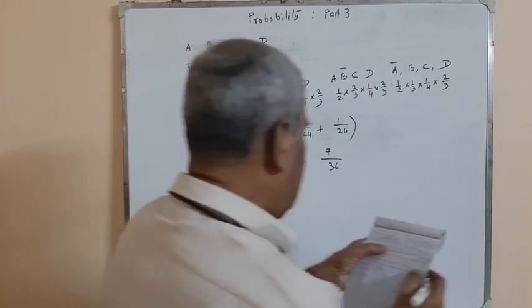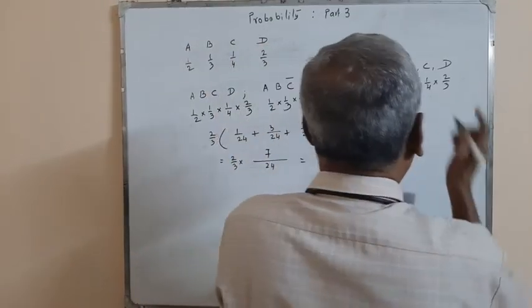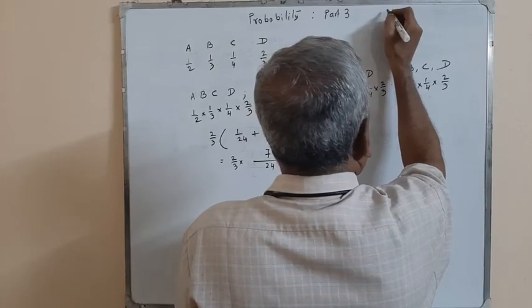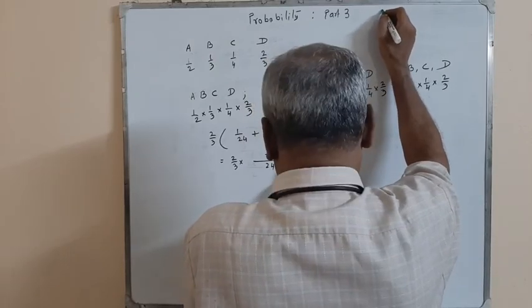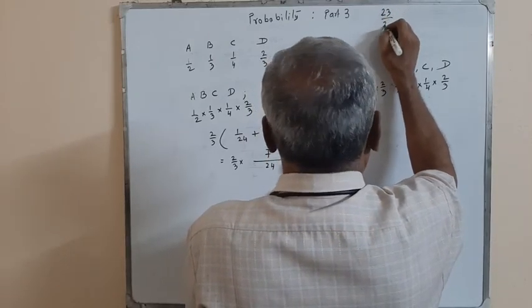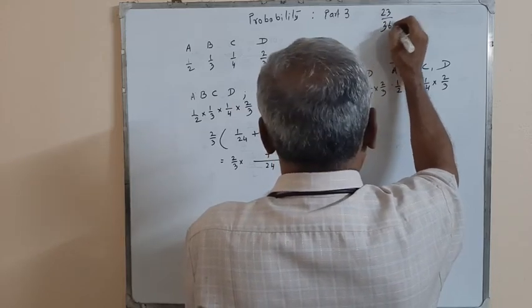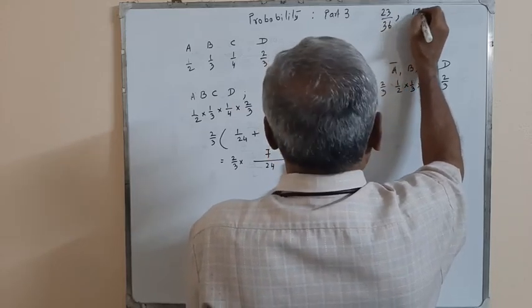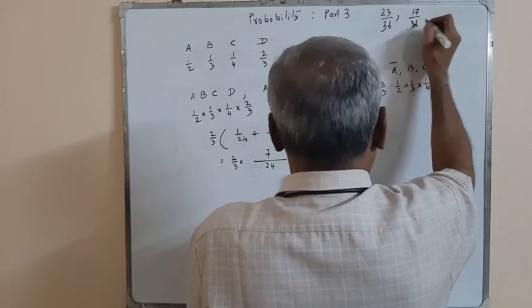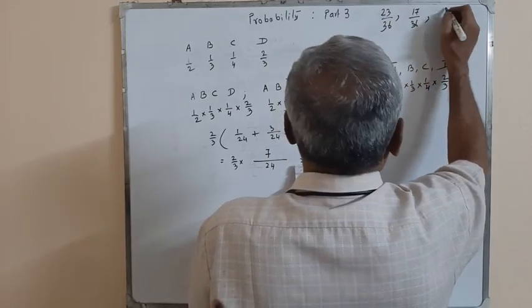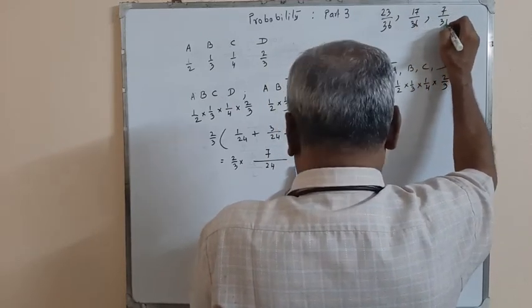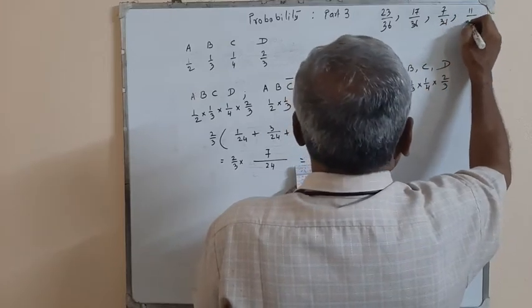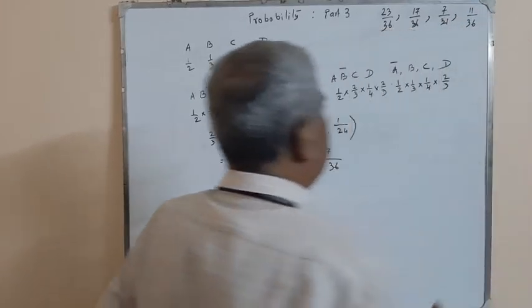Now, the options are not yet given. The options are 23 by 36, 17 by 36, then 7 by 36, and 11 by 36. These are the options.